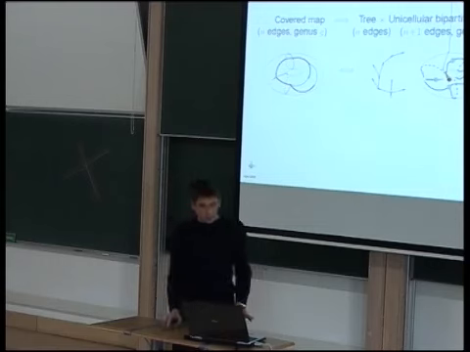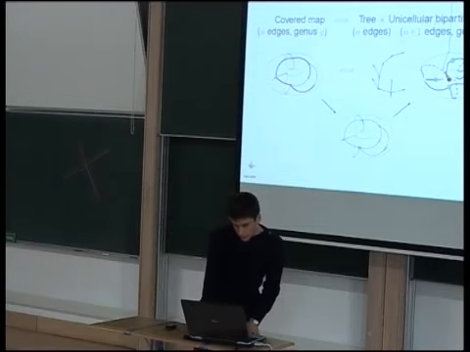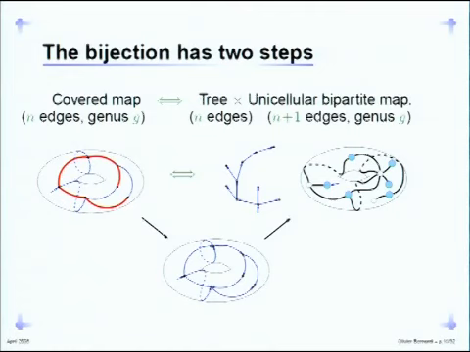So this is the philosophy of this thing. And in fact, the bijection is in two steps. First, I will associate an orientation to my covered map. And then I will do a second step in order to split my oriented map into two objects.